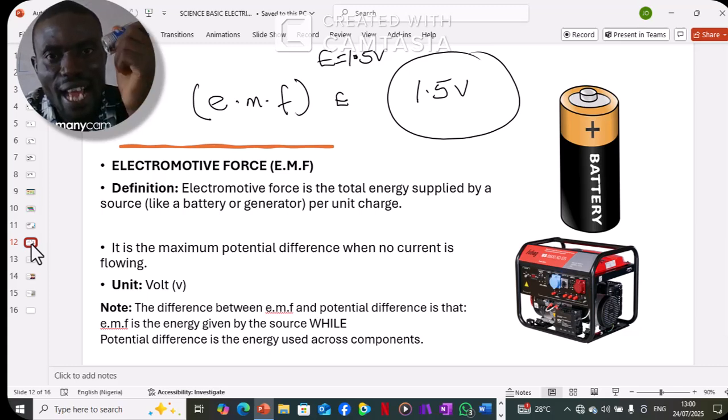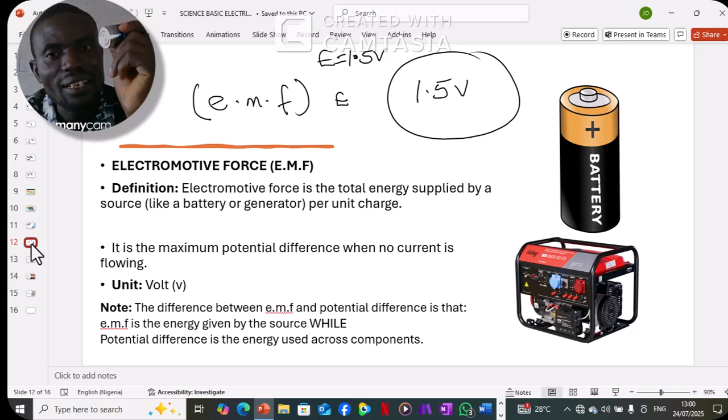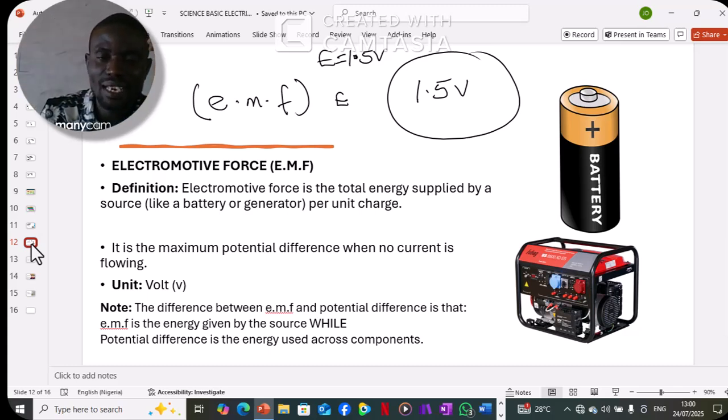Every cell has internal resistance. The total energy here, the EMF, is 1.5. But when this cell is connected, it will not give out the whole 1.5 because of the internal resistance. That internal resistance, let me give you in advance, is denoted by small letter r.